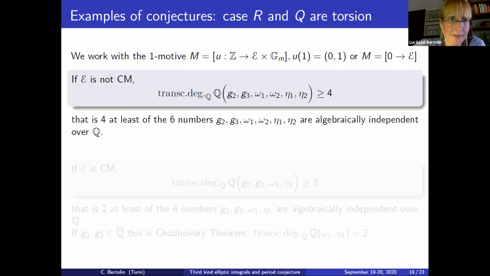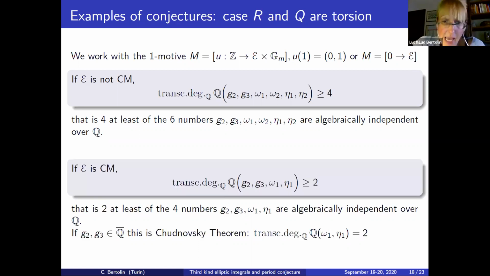So I have that if E is not CM, using the table that I showed in the last slide, at least 2 of the 6 numbers g2, g3, omega 1, omega 2, eta 1, eta 2 are algebraically independent over Q. If E is CM, at least 2 of the 4 numbers g2, g3, omega 1, omega 2 are algebraically independent over Q. If the elliptic curve is defined over Q bar, this means g2, g3 are algebraic. This reduces to the Chudnovsky theorem.